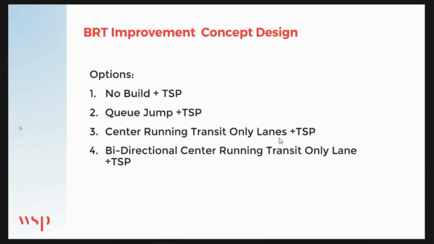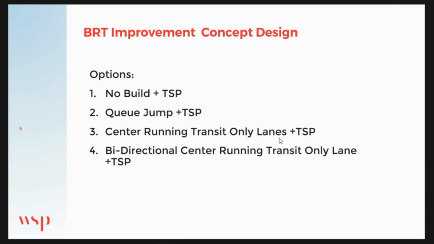In order to compare the different alternatives of the BRT bus lane, we have modeled some Vissim models, and we have 4 alternatives. The first one is the no build alternative, and then the queue jump alternative.